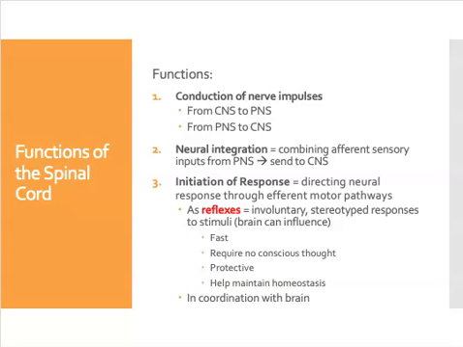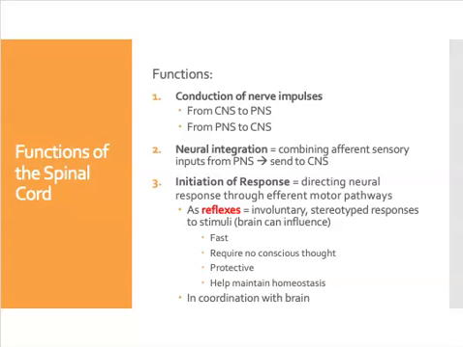The first job that it does is simply conducting nerve impulses. The spinal cord is involved in conducting nerve impulses from the central system out into the peripheral, and also from the peripheral system up into the central.